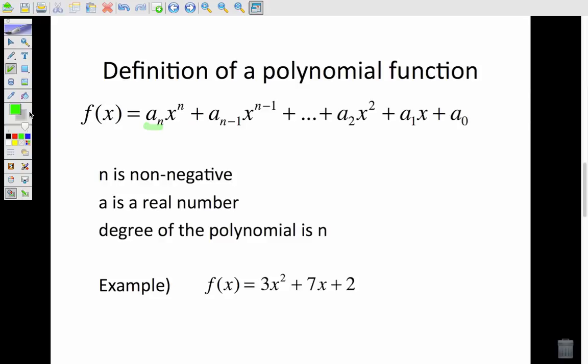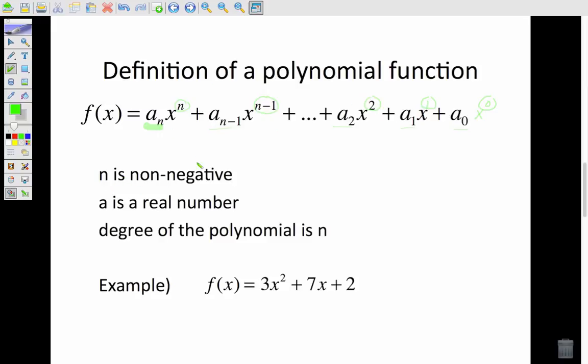A of n is your coefficient here, a of n minus 1, a of n base 2, a of 1, and then a 0. So you can see that they go down in decreasing order. Then your exponents also decrease in order until it gets down to x to the 0. So that's just a typical polynomial, how it's represented using symbols.